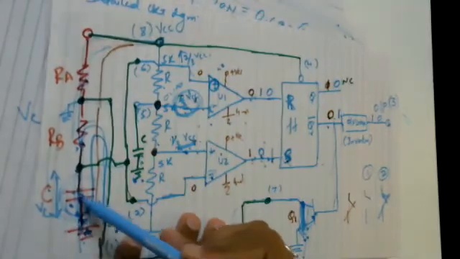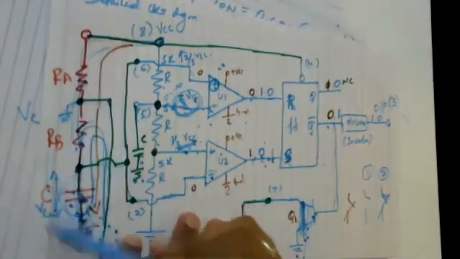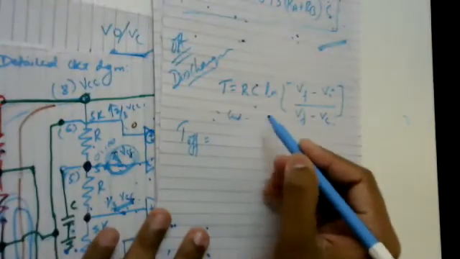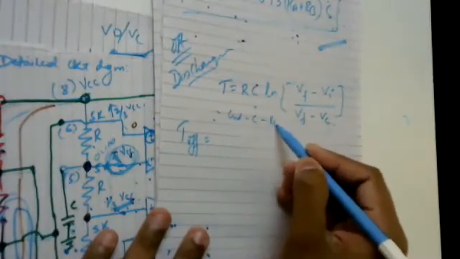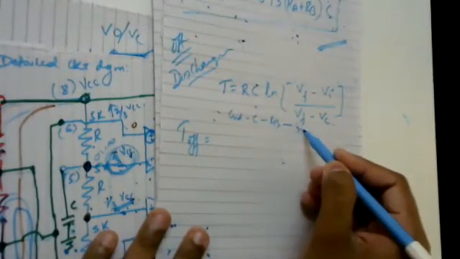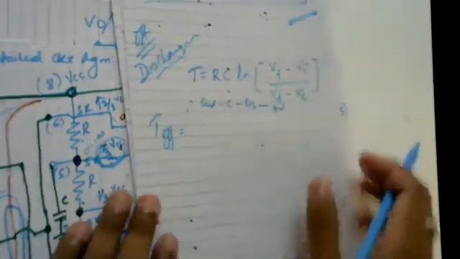So the path is from ground to C, C to RB, RB back to ground. So the capacitor is going to discharge with the help of resistance RB.